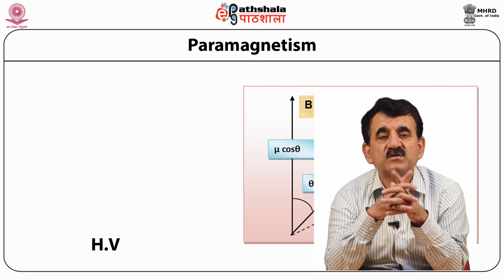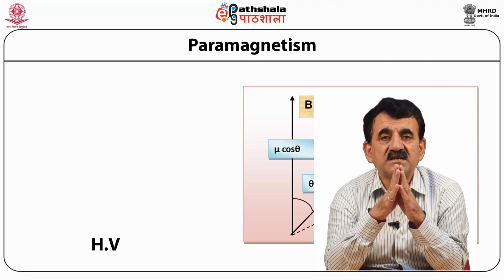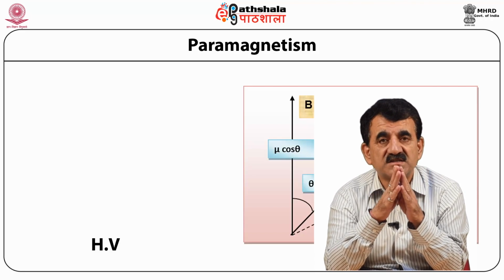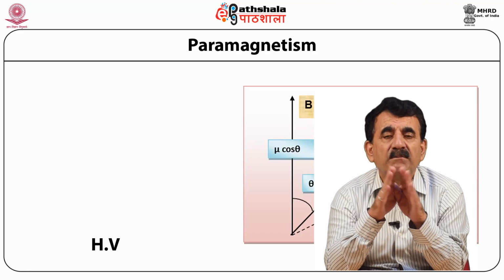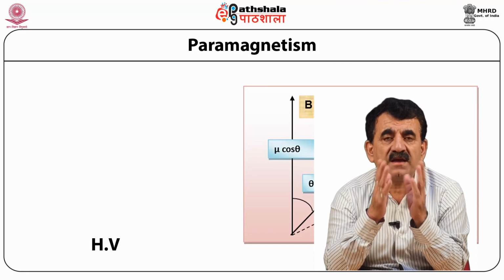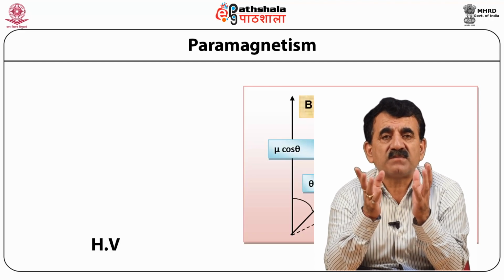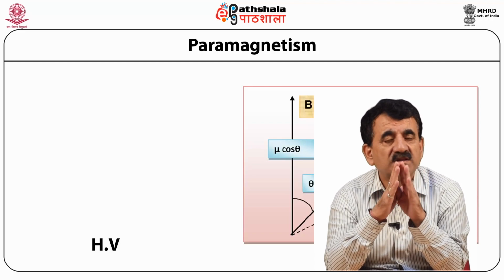But again, if we switch off the field, the net magnetization is again 0. So one thing is clear: paramagnetism gives us magnetism only in the presence of a field. In the absence, there is none.